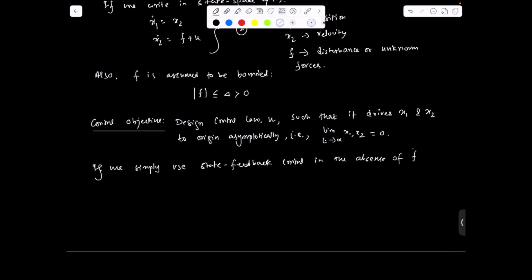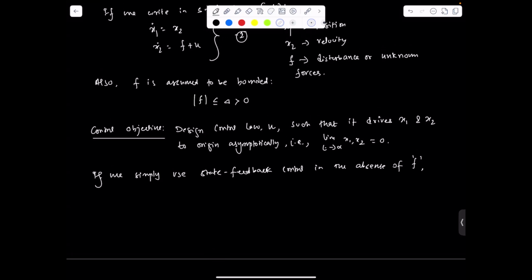So in the absence of this f, equation 2 can be written as x1 dot equal to x2 and x2 dot equal to u for this case.